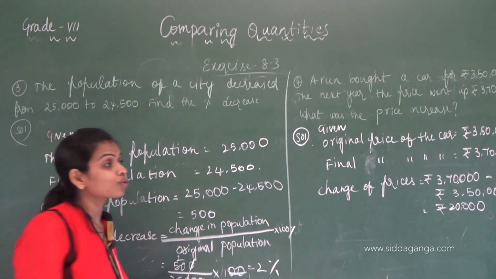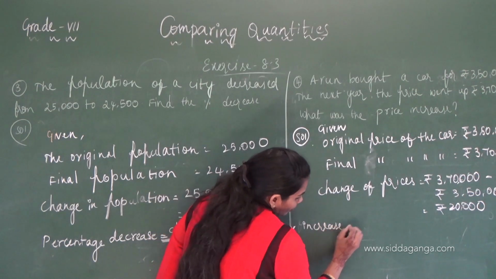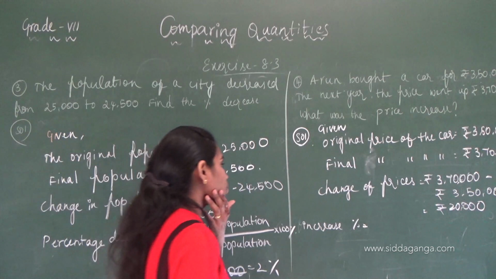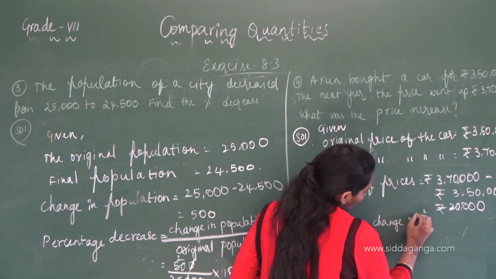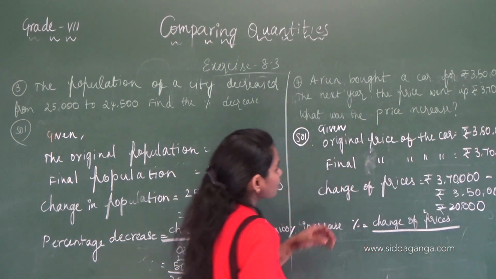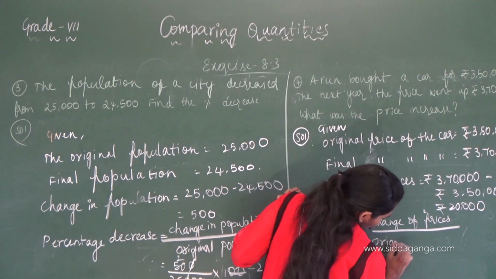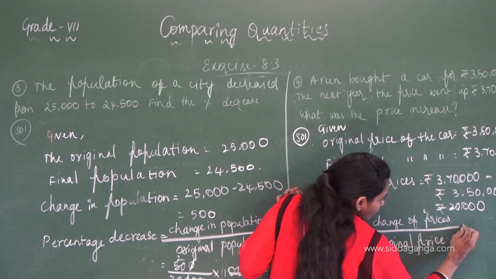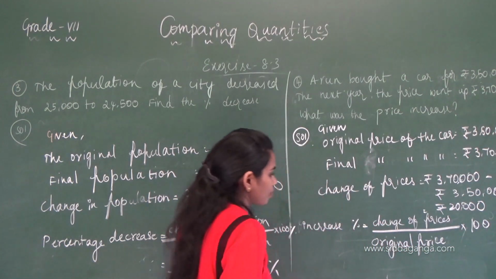What percentage has the car price increased? Percentage equals change of prices divided by the original price of the car, into 100%.